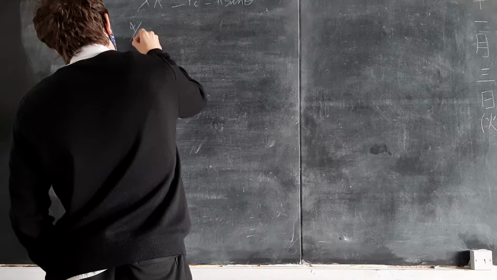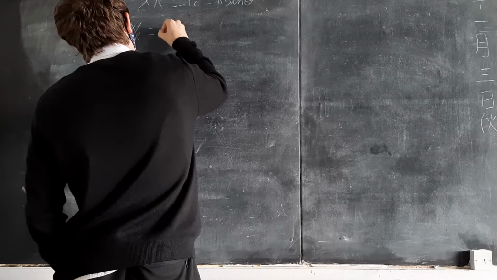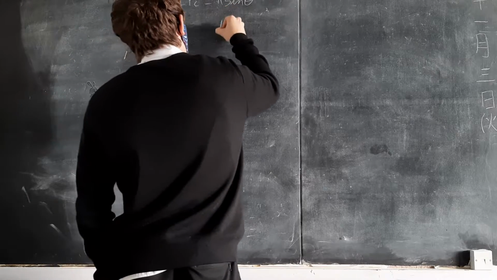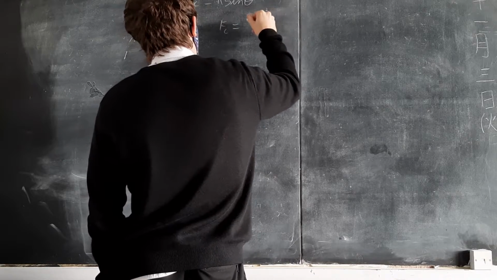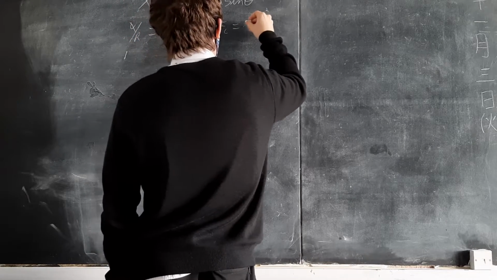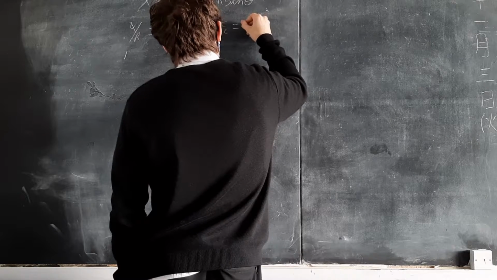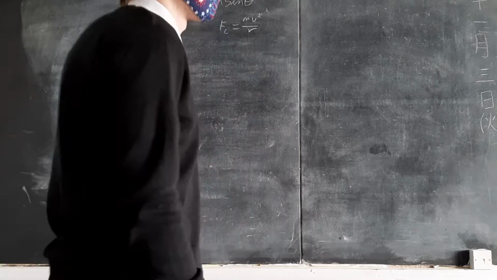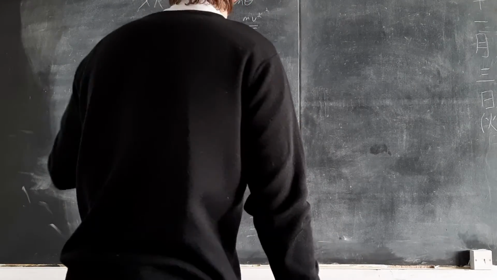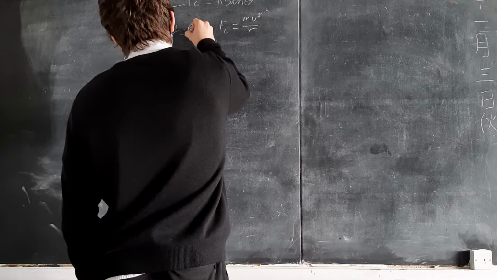R, mg, Fc. Fc is equal to v squared over R. Okay, sorry. Yeah, that's what we've got, and we've also got the R cos theta.